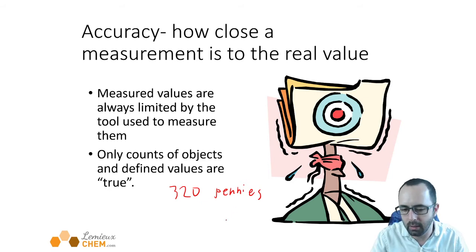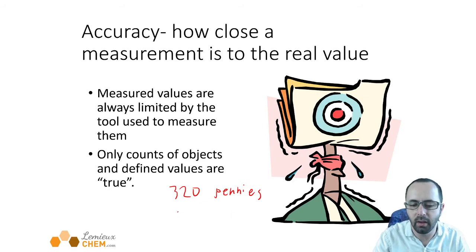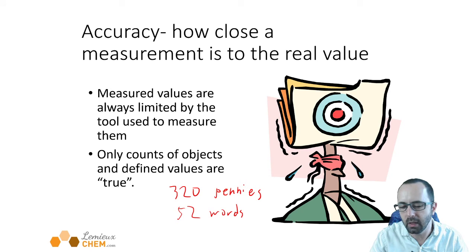It wouldn't be a penny anymore. Or you say, 52 words on your essay. These were measured by counting them. And so these have infinite accuracy because you can't have a partial. You have 52 words. You don't have 53, you don't have 51, you have exactly 52.